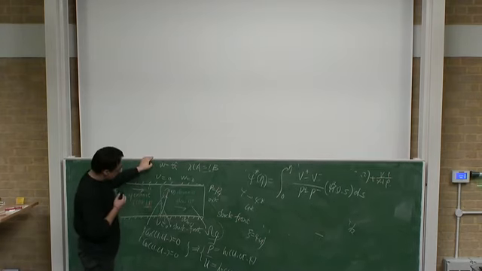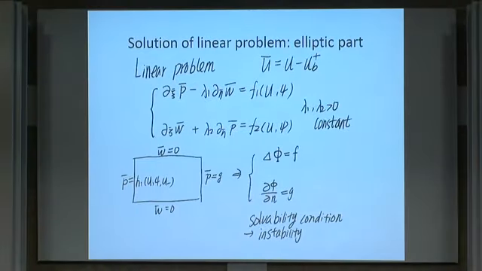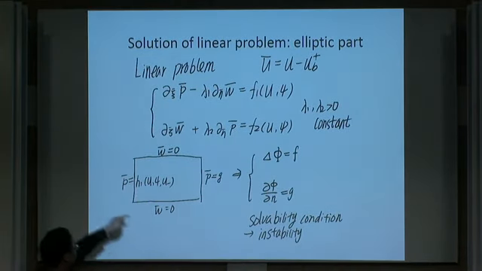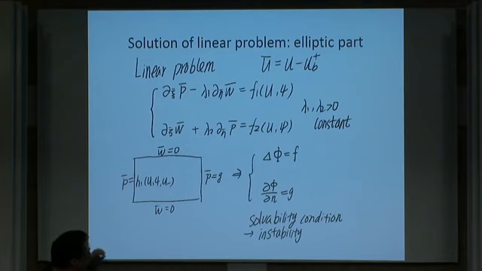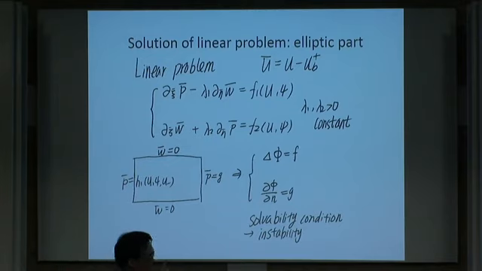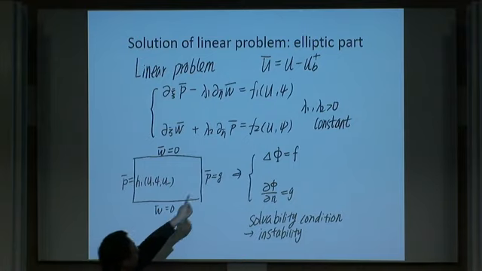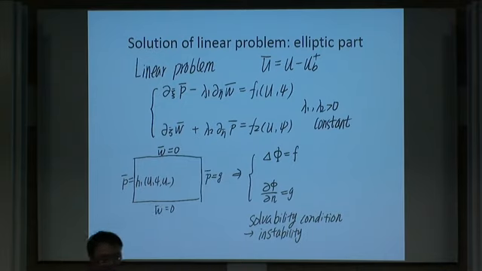Now for the elliptic part, we use only this. We use this one to here. So we get this Riemann-Hilbert problem of the Cauchy-Riemann system. The point is that for this problem to be solvable, there should be compatibility conditions between the non-homogeneous terms, which means that F1, F2, G and H1 should satisfy some integral conditions.